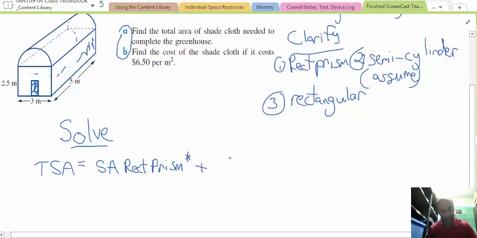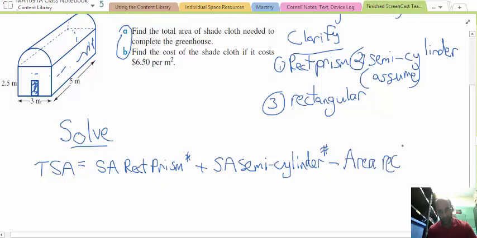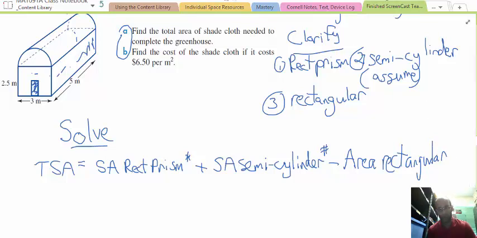That's why there's an asterisk there, plus the surface area of the semi-cylinder, and I'm going to put a little hashtag on that because there's a little note I want to make about that, minus the area of the rectangular door. I should just say rectangle there.